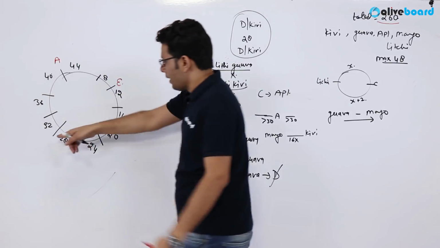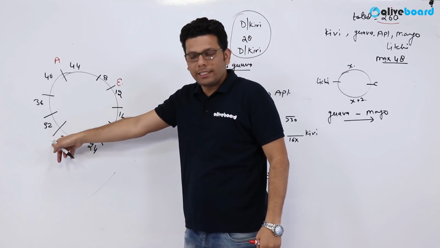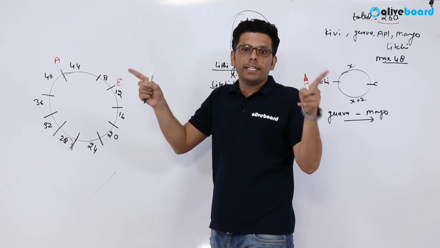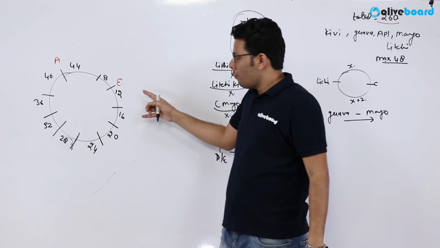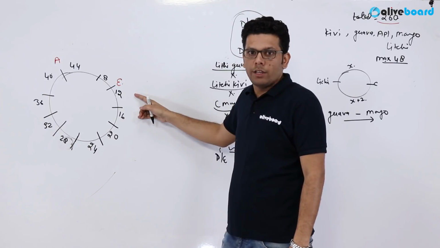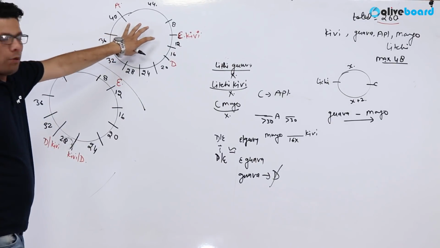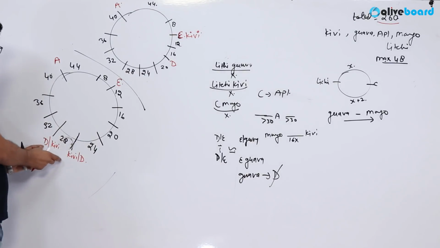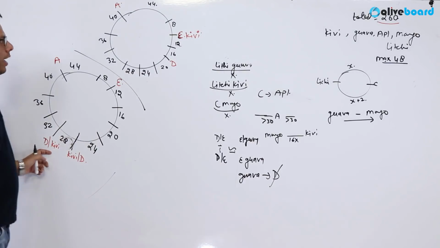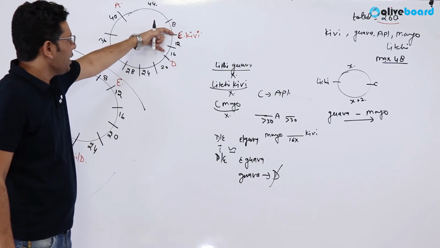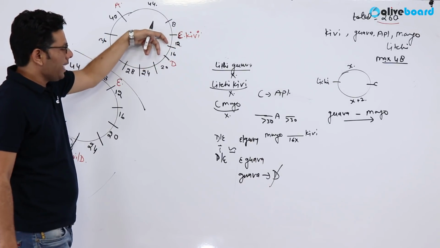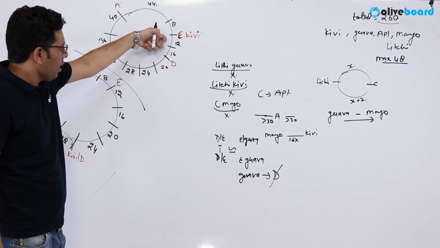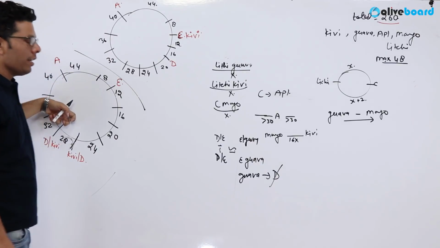D and Kiwi can be placed here or here. So now our case gets split into two cases. I have drawn the two possible cases: in one, D and Kiwi have a gap of 28 here, and in the other, D and Kiwi have a gap of 28 there. It can be 16 and 12, which sum to 28, and similarly for this one.